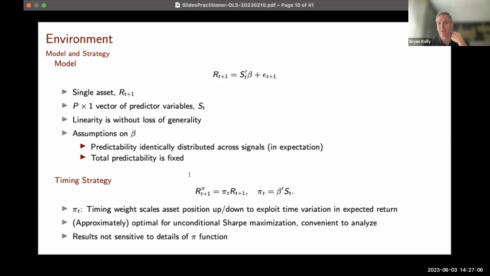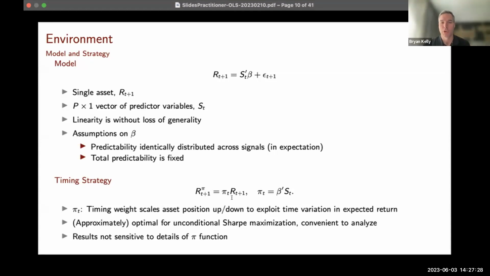All right, so that's the statistical portion of the problem. I also need a finance portion of the problem, and that's going to show up in the form of a trading strategy. In order to analyze how complexity, how model size, associates with portfolio performance, I need a translation between the prediction problem and the trading problem. And we're going to use a very simple formulation here. It's an approximately optimal trading rule.